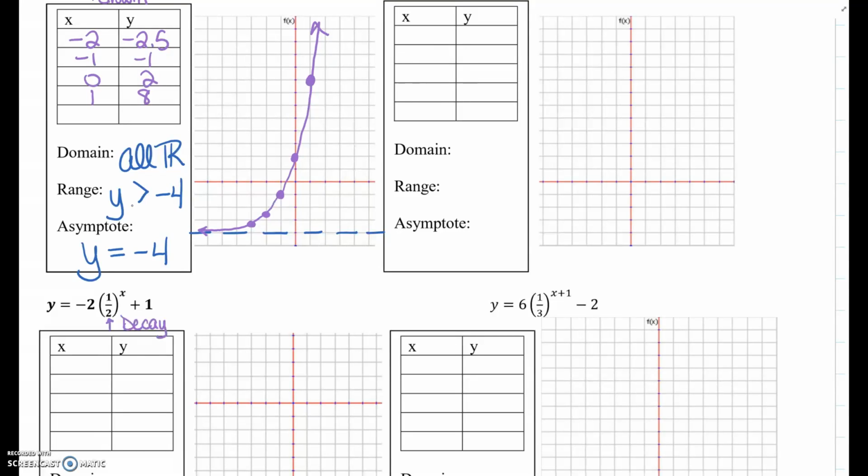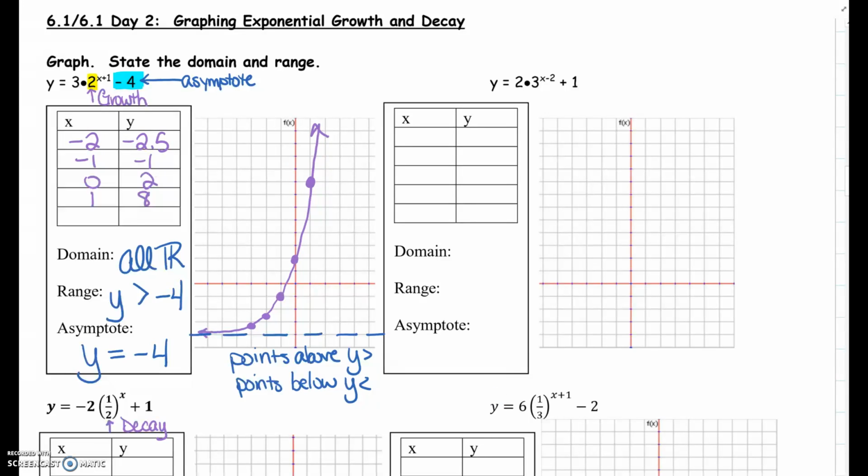If the graph had been flipped and the points were below the asymptote, then it would flip this to y is less than -4. So if the points are above, then y is greater than. If the points are below, your range will be y is less than.